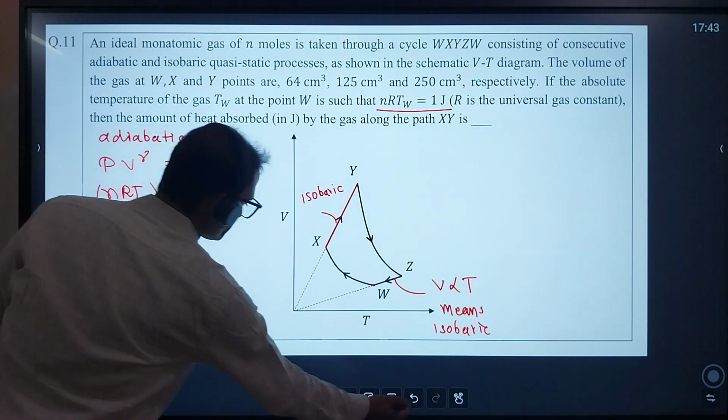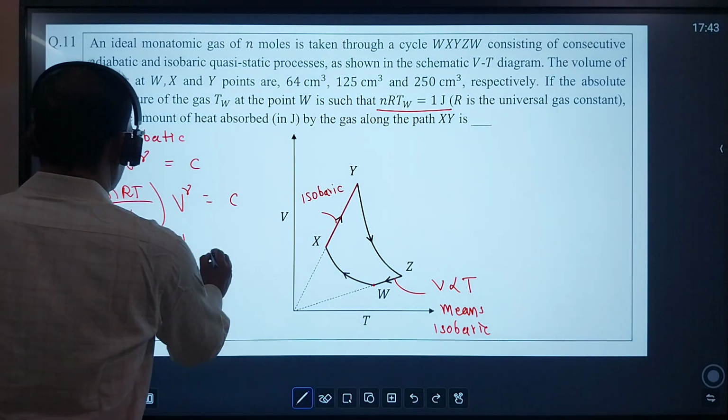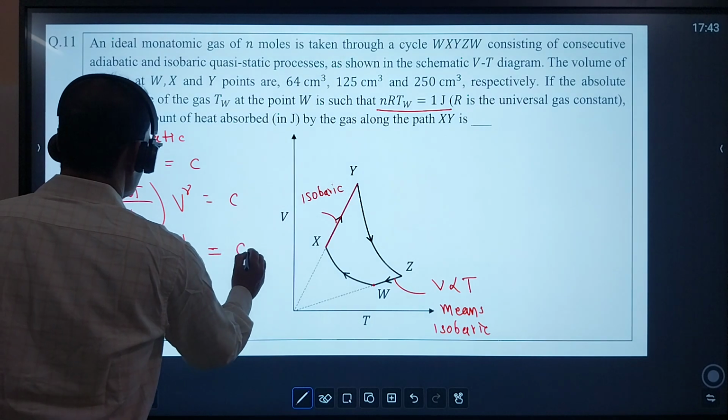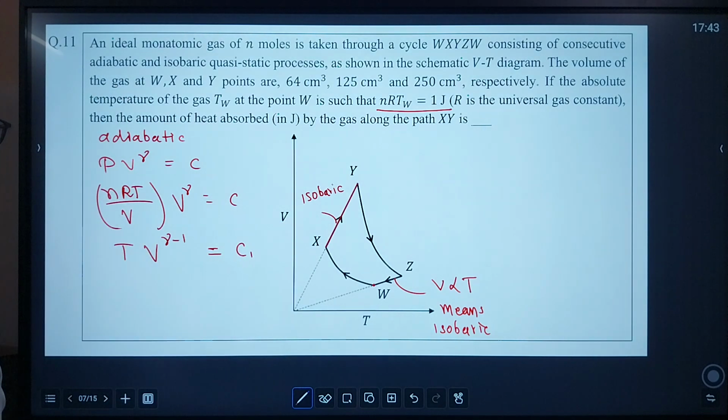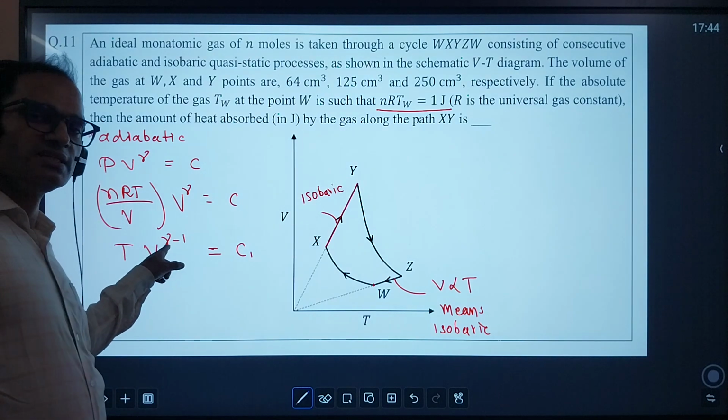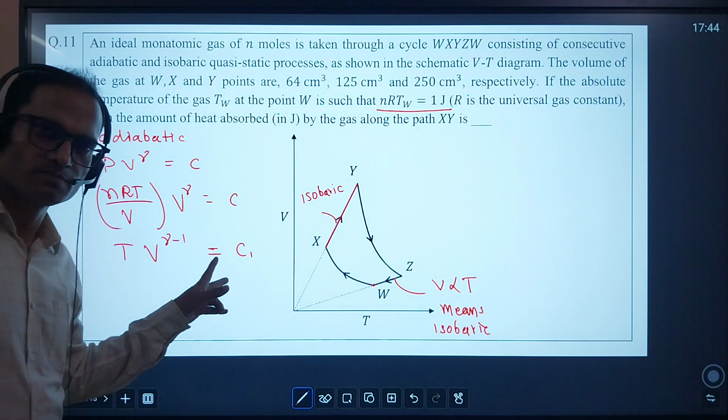And this will be equal to some other constant, let us say C1. So you can see that power of V is still positive.